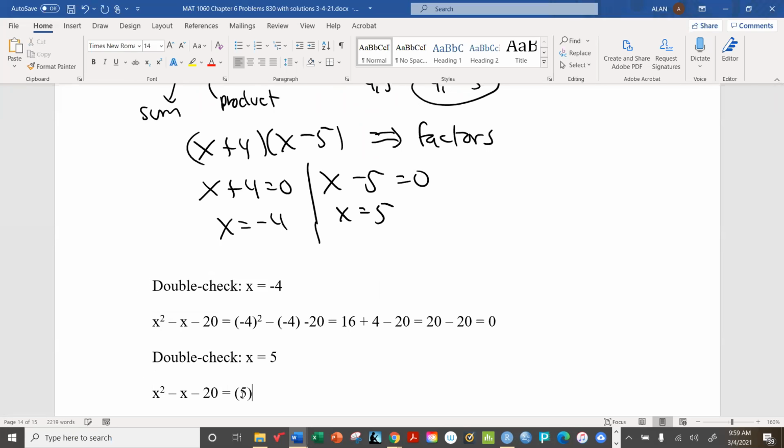So 5 squared minus 5 minus 5 minus 20 is 25 minus 5 minus 20 equals 5. 20 minus 20 equals 0. Okay, so that worked.